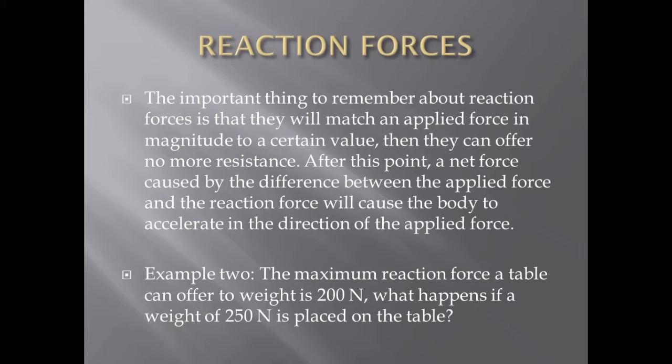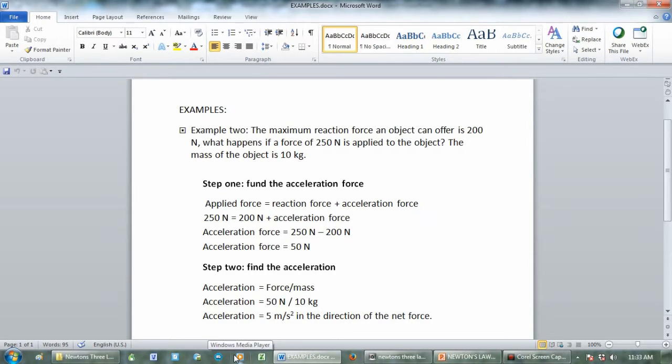Example 2. The maximum reaction force a table can offer to weight is 200 newtons. What happens if a weight of 250 newtons is placed on the table? Step 1. Find the acceleration force. Applied force equals reaction force plus accelerating force.